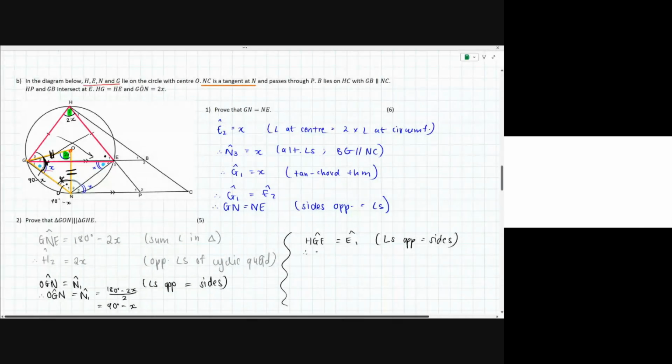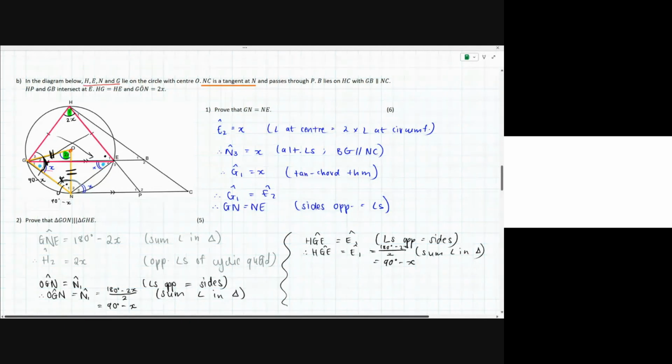And so therefore, HGE, which is equal to angle E1, would be equal to 180 minus the 2x of H2 divided by 2. And so we get that both of these angles are also equal to 90 minus x.